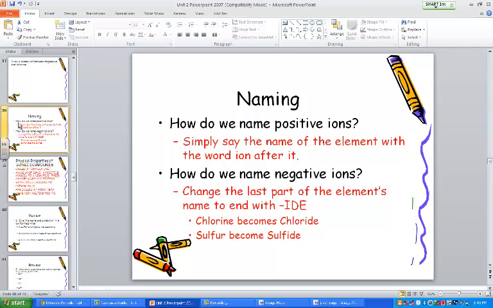When we name positive ions, how do we name them? Let's formally write it. We simply say the name of the element with the word ion after it. By saying the name of the ion, we simply write out Mg with a +2 charge. We'd write out Mg +2.